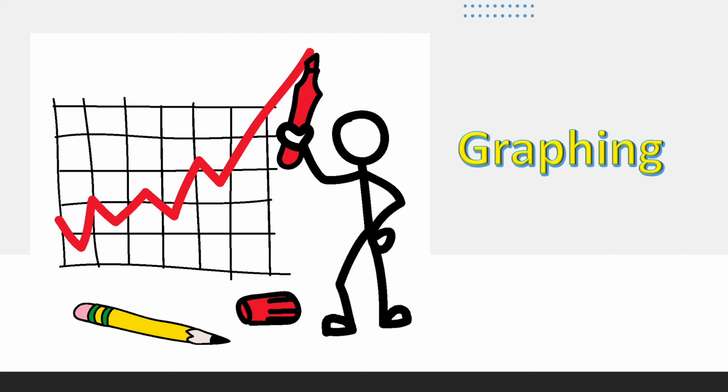So we're going to get into graphing a little bit. According to your lab manual, the first step in constructing a scientific graph is to decide which type of graph is appropriate. There are many different types of graphs to suit various types of data. You already learned the difference between qualitative and quantitative data.